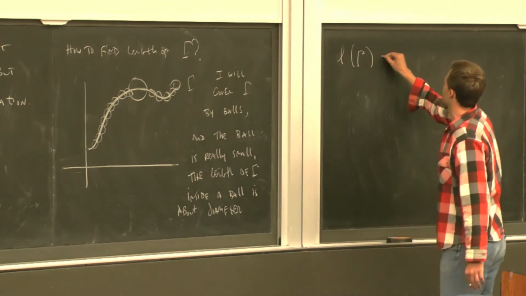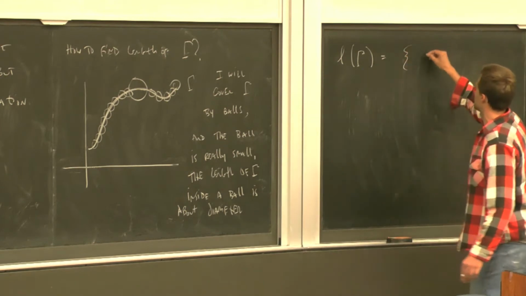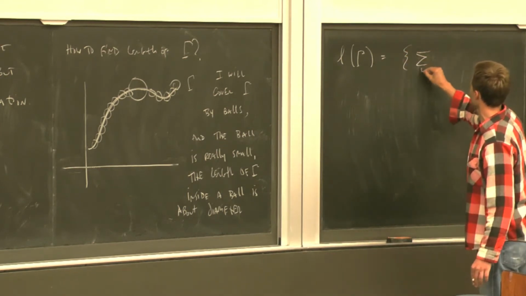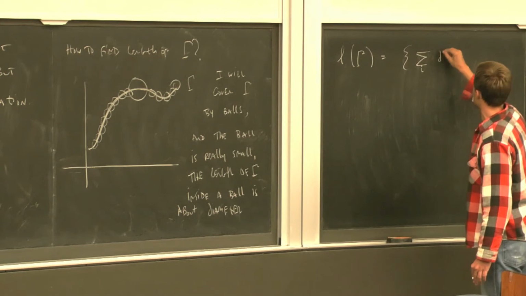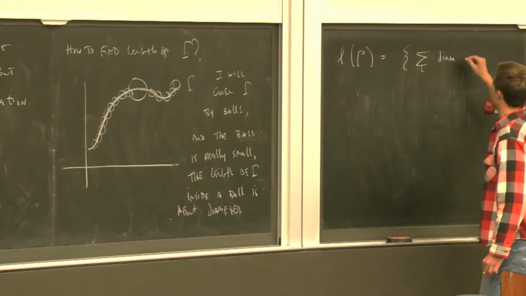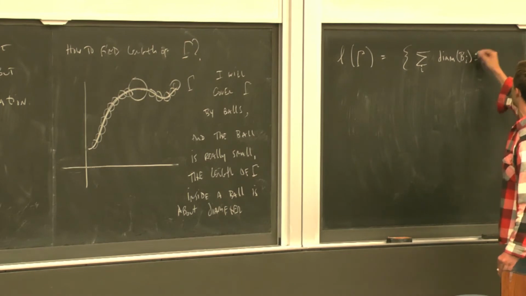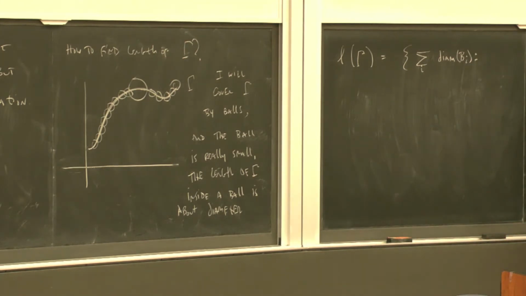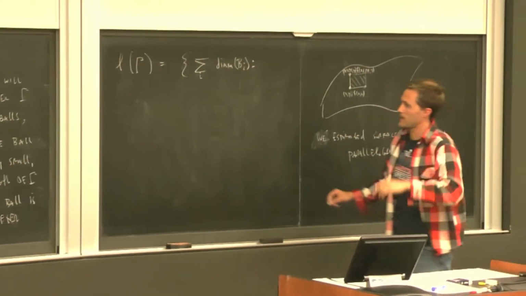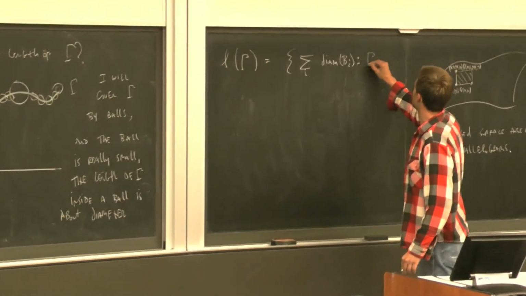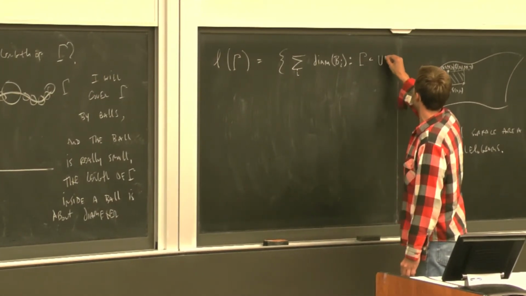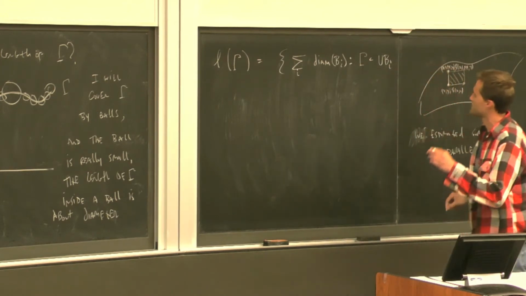We'll sum it up. So we're going to sum up the diameters of B_i such that gamma is contained in the union of B_i.